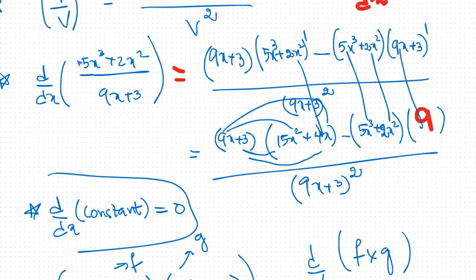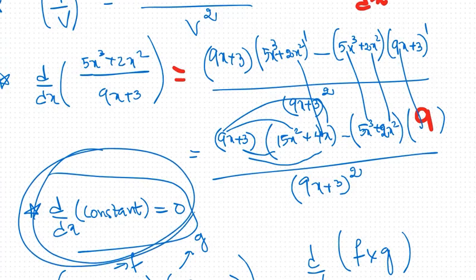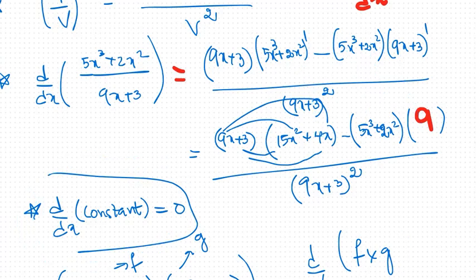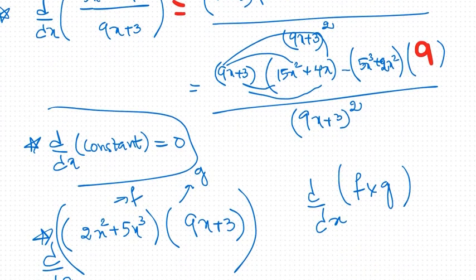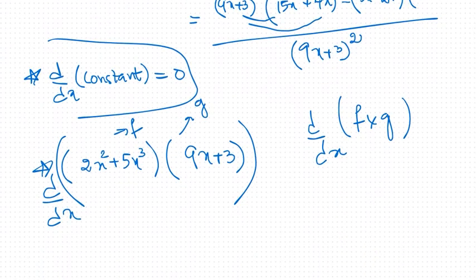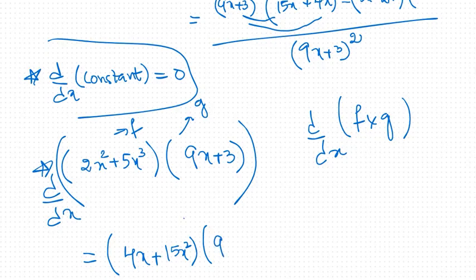So the first step is 4x plus 15x square, and in the other bracket 9 plus 0. See, if you take one derivative, do not disturb the other one.